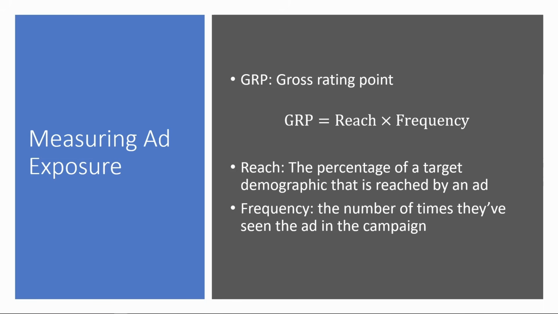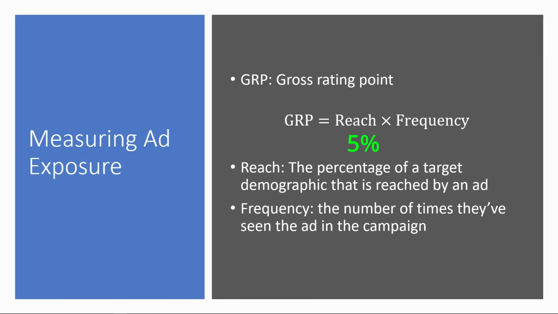And reach is the percentage of a target demographic. Let's say you want to target a specific type of demographic, a demographic group between 25 to 46. So that is your target demographic. If your ads reach 5% of that target demographic group, then your reach in this case is 5%.